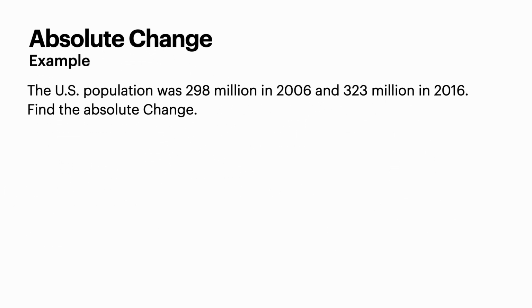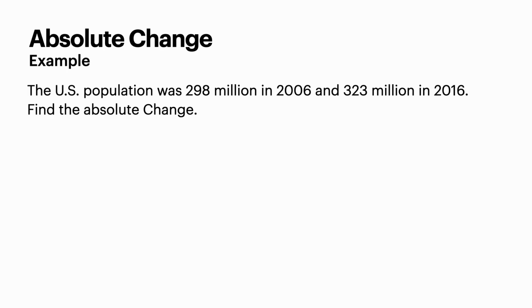Okay. Here's another example. The U.S. population was 298 million in 2006 and 323 million in 2016. Find the absolute change in population. So what do you think it would be? If we have those two numbers, 323 million in 2016, 298 million in 2006, what is the absolute change?